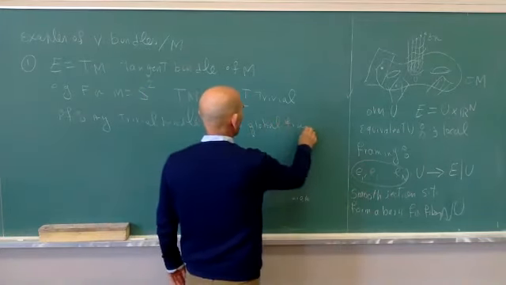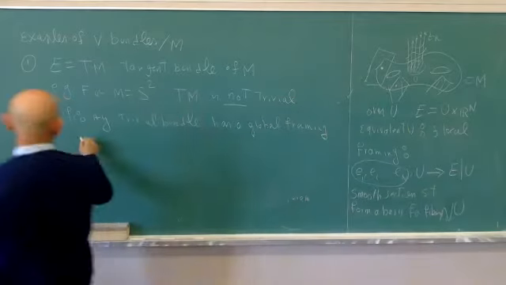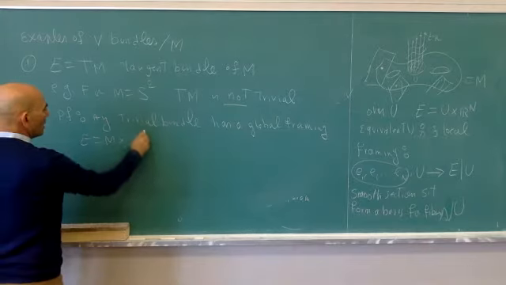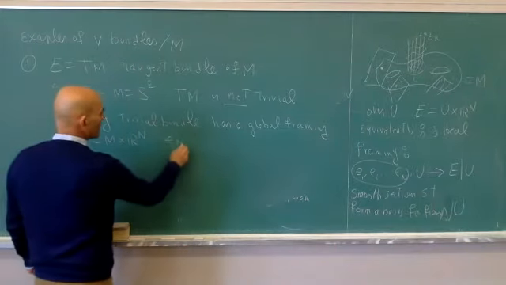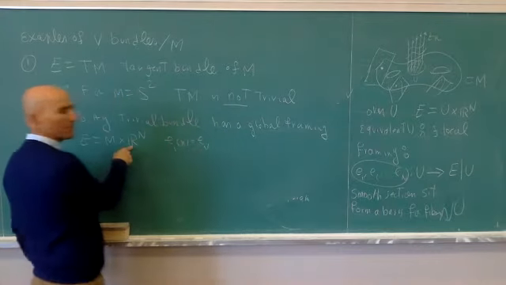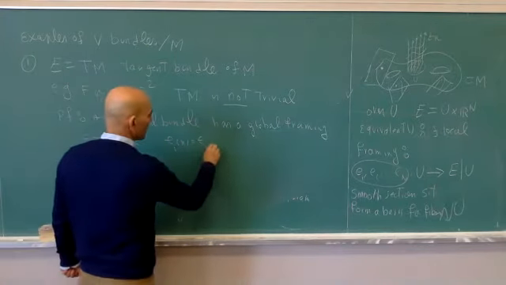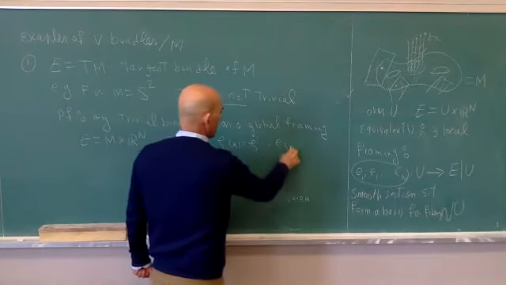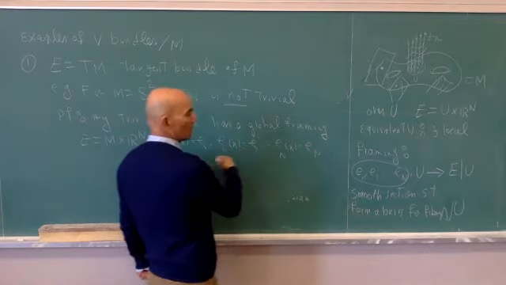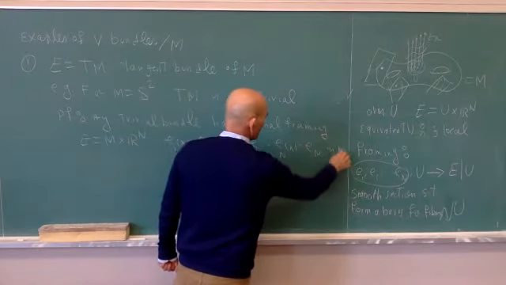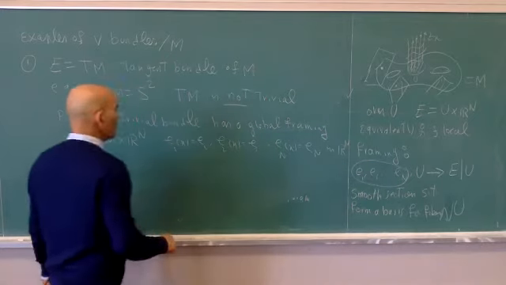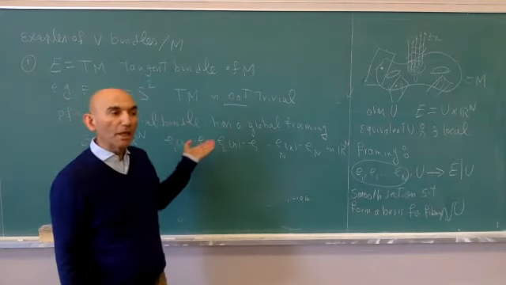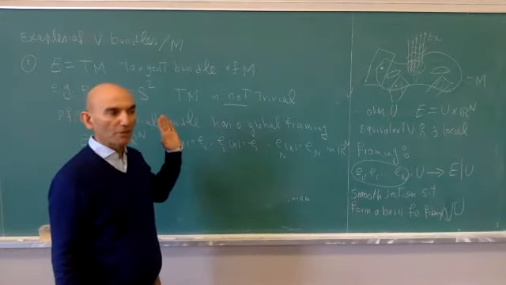If E is equal to M cross Rn, then you can just choose E1(x) to be e1, the basic vector, E2(x) to be e2, En(x) to be en, the standard basis of Rn. So you would have a global framing, and in particular, there would be a vector or section that is nowhere zero.